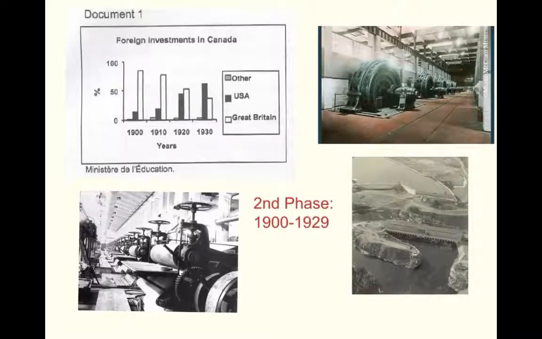The second phase of industrialization in Canada was characterized by a rapid expansion of industries that developed because of new sources of energy, specifically in Quebec, that was hydroelectricity. To be competitive, Canadian industries had to compete with American and British industries, and in order to do so, they had to keep their costs low.